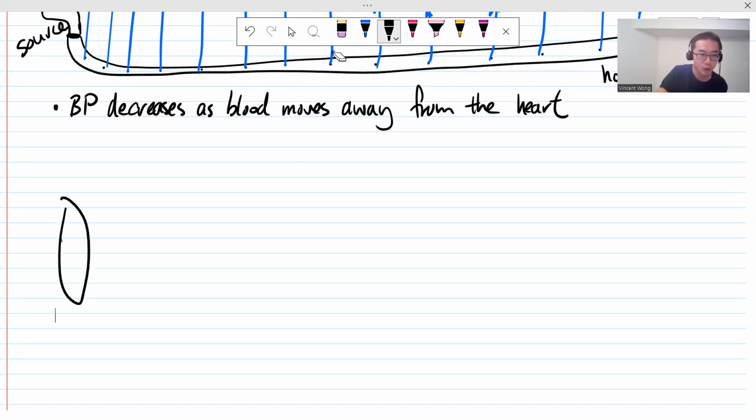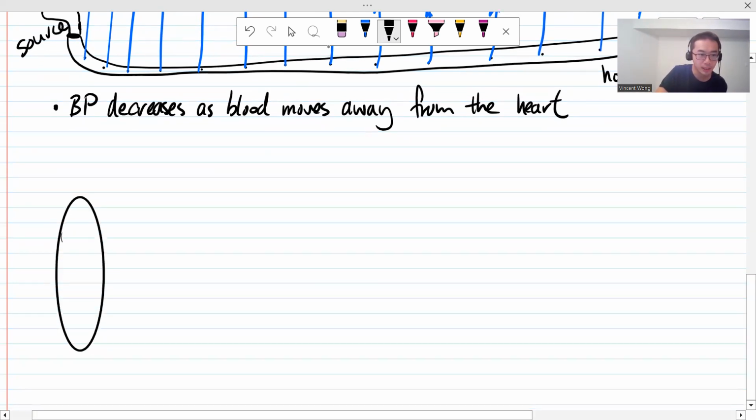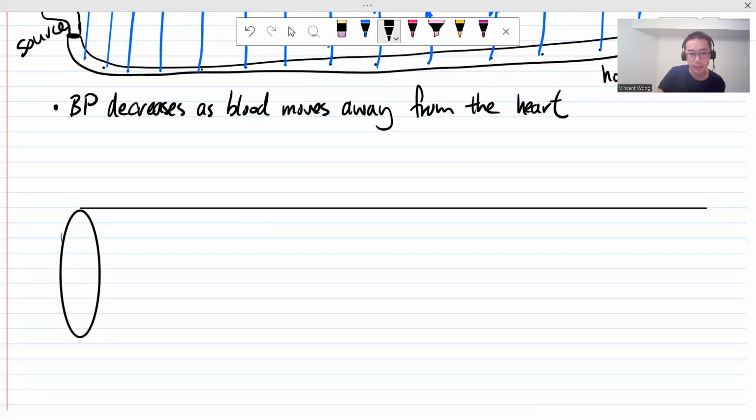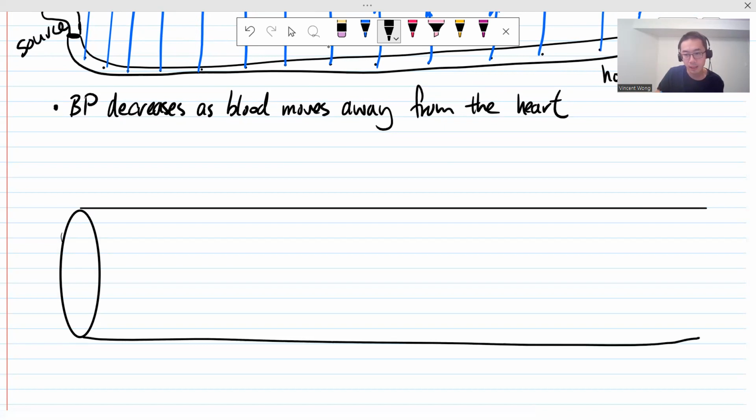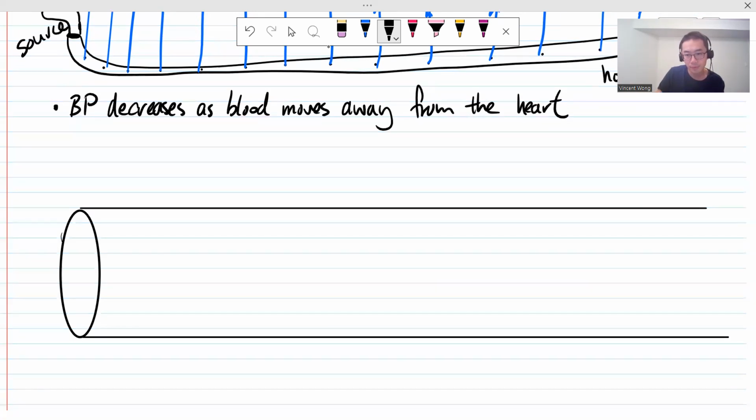So let's draw a new capillary, a nice big one. Okay, capillary tissue, right?